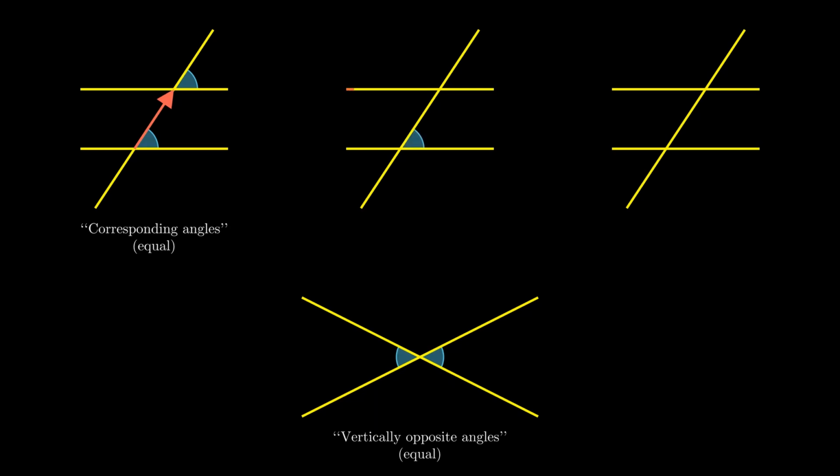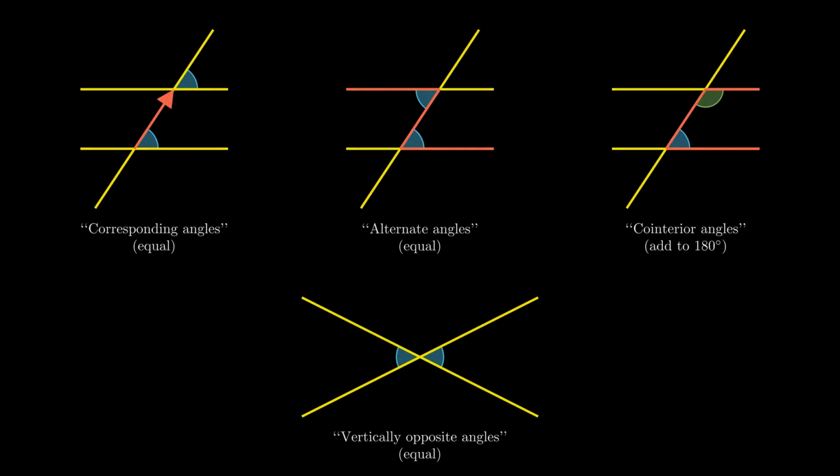Second was when you form a zigzag shape with parallel lines, and the two angles you form inside that zigzag shape must be equal. We call them alternate angles. And finally, when you form some sort of container with the parallel lines and you look at the two angles you've captured inside that container, they might not be equal, but they always add up to 180 degrees. We call these cointerior angles. If you're a note-taking type, this would be a good time to pause and jot down the contents of this screen.